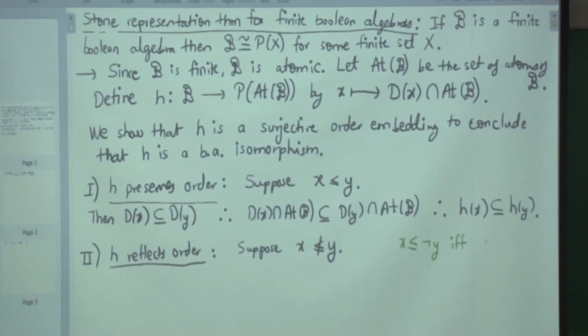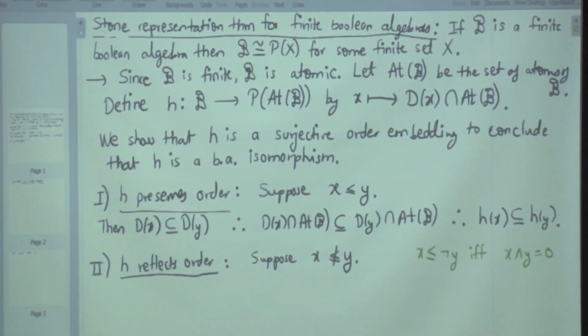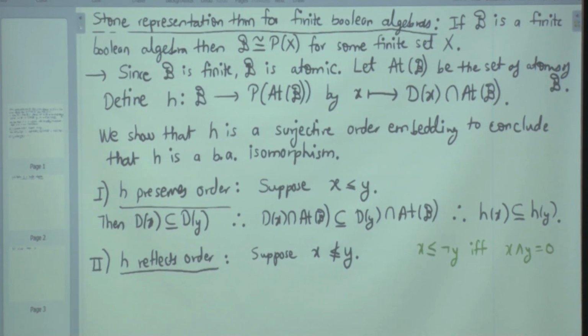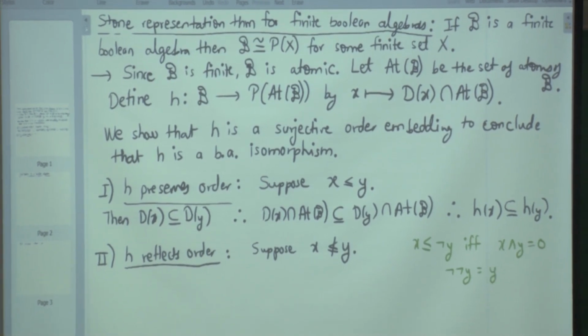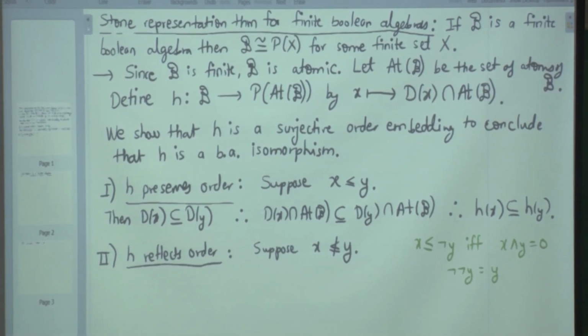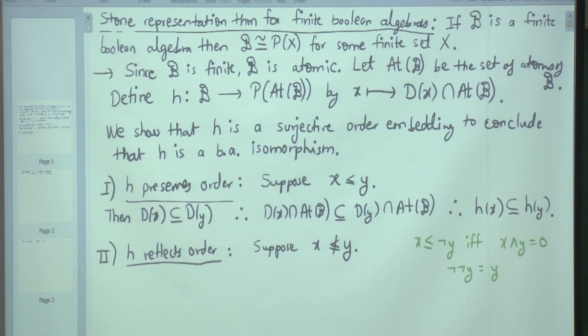X is less equal negation Y if and only if X meet Y is equal to 0. Right. Now we also proved one more result, that double negation Y is equal to Y. So now tell me, what should I conclude from here? If X is not less equal Y, then X is not less equal double negation Y. So therefore X meet negation Y is not 0.